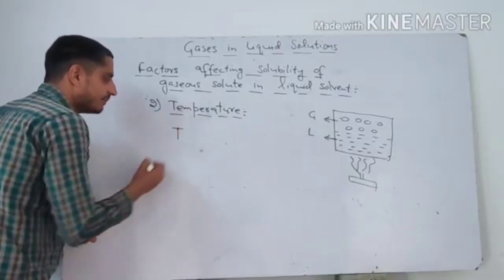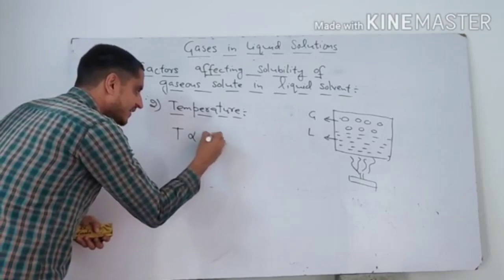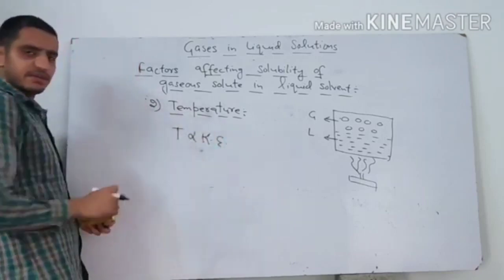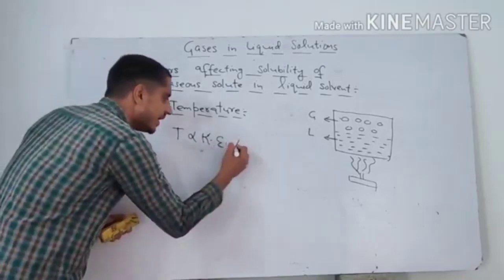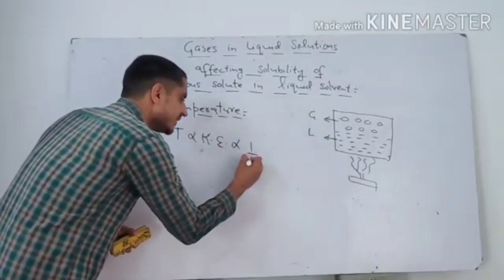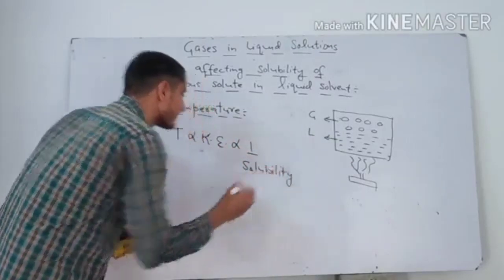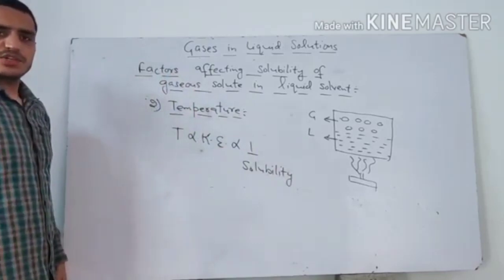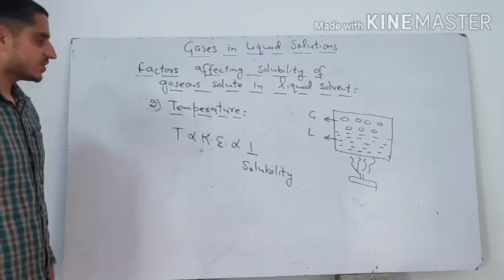So, temperature is directly proportional to kinetic energy. This is the symbol of directly proportional. Temperature is directly proportional to the kinetic energy of the gaseous molecules, and if the kinetic energy of the gaseous molecules increases, their solubility will decrease. So it is inversely proportional to temperature.